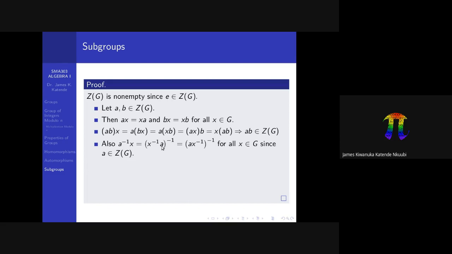Since A is in the center, it will commute with any other element of G. X inverse is also an element of G because G is a group. So A must commute with it, and therefore X inverse A should be equal to AX inverse. So we can say the following: AX inverse is equal to XA inverse, right?